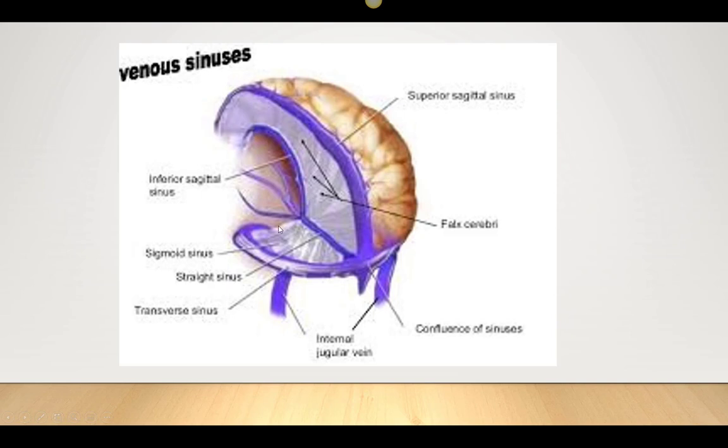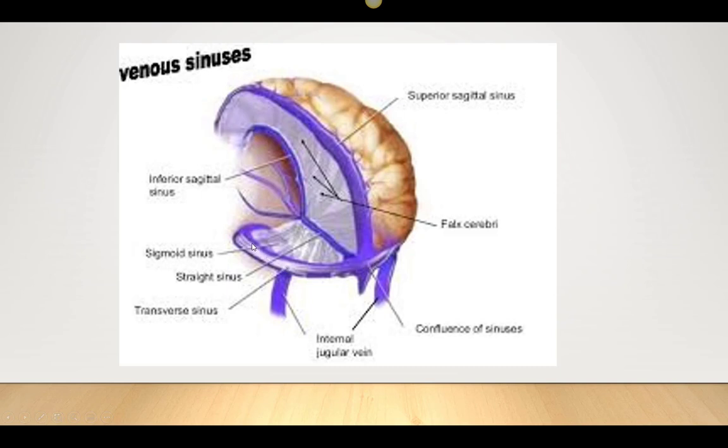Here you see the same thing, showing the brain and the falx cerebri and tentorium cerebelli. That's a good view that shows the actual position of the straight sinus, and then the positioning of the transverse sinuses, and here the occipital sinus continues, and here you have the confluence of the sinuses.